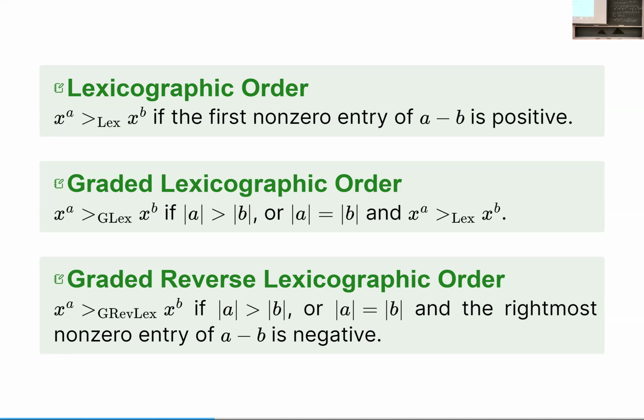Now, when you do this, you also notice that the rightmost non-zero entry of this difference is positive, which tells you that if you switch the order of these two vectors and then take the difference, the last entry is going to be negative. And what that is telling you is that if I want to look at the graded reverse lexicographic order, then this one should go first.